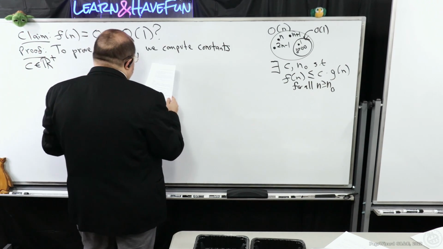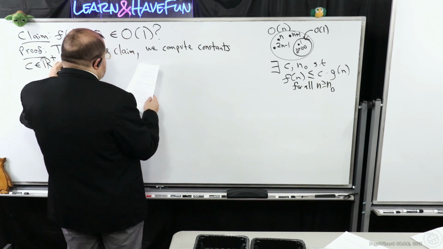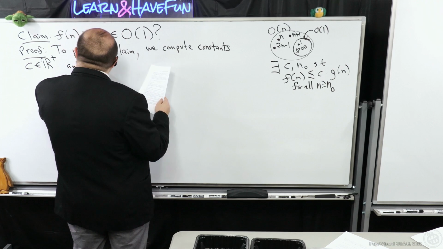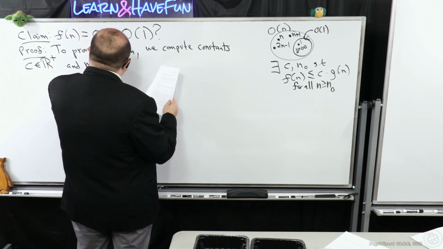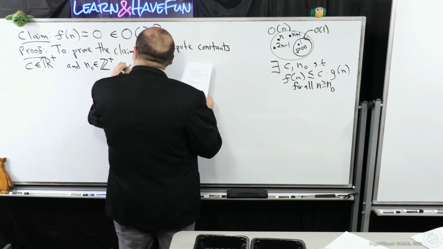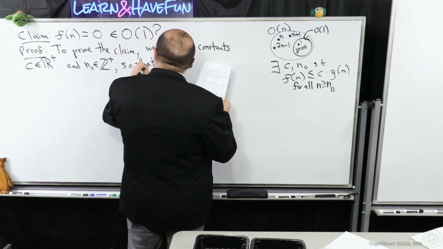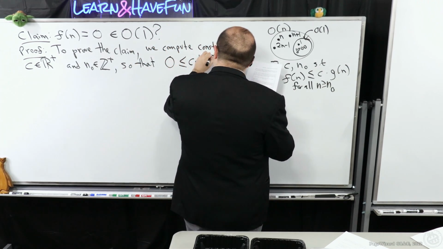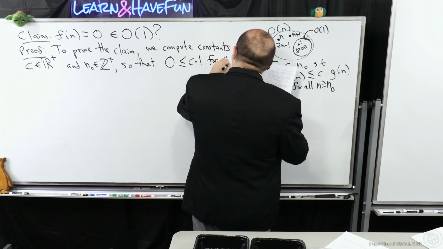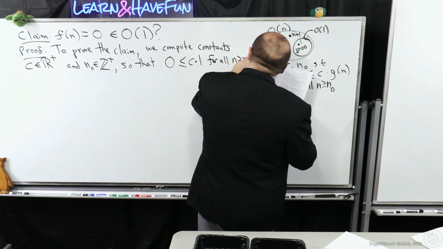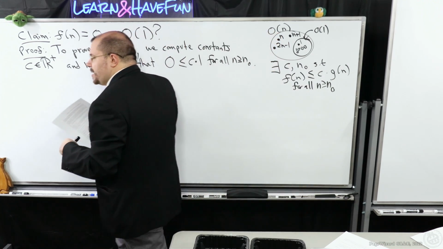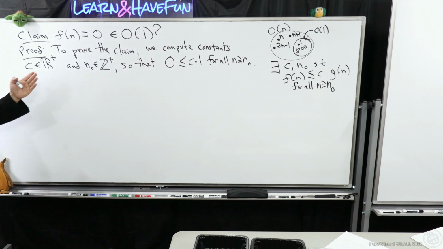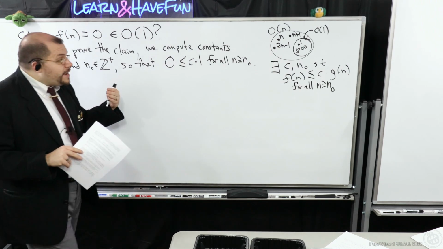That's what the blackboard R with the plus is. And n0, which is a positive integer, so that 0 is less than or equal to C times 1 for all n greater or equal to n0, right? So that's what the definition would be if we applied it.